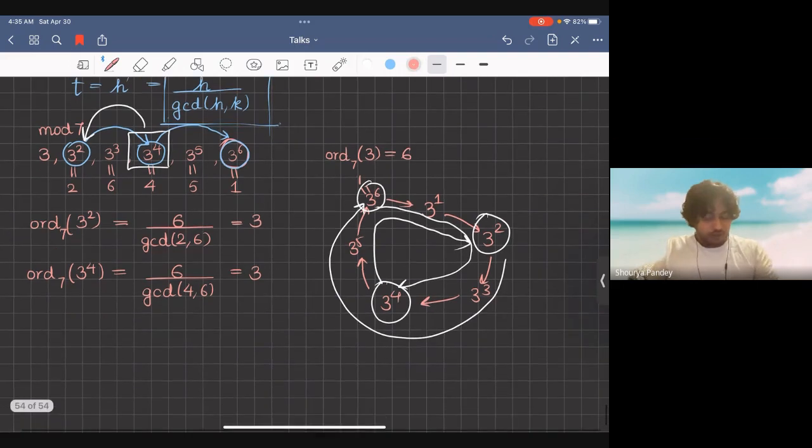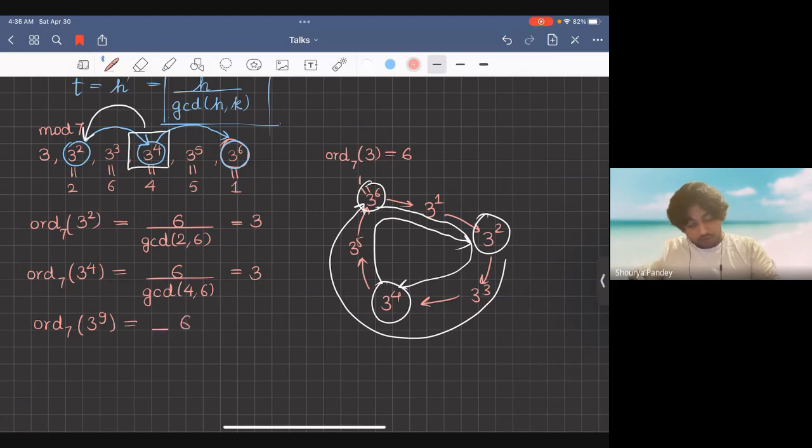Another example would be the order of 3 to the 9, which is 6 upon GCD of 9 and 6, which is 2. 3 to the 9 is like taking 9 steps in one go. So how many steps must you take to end up back where you started?